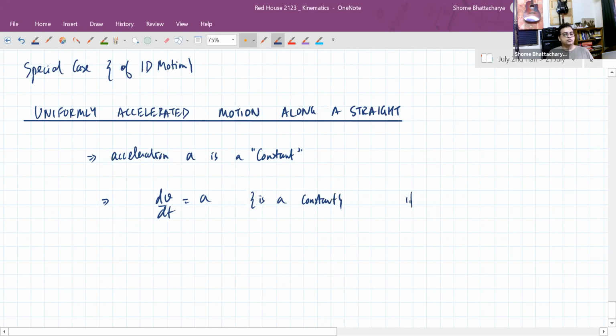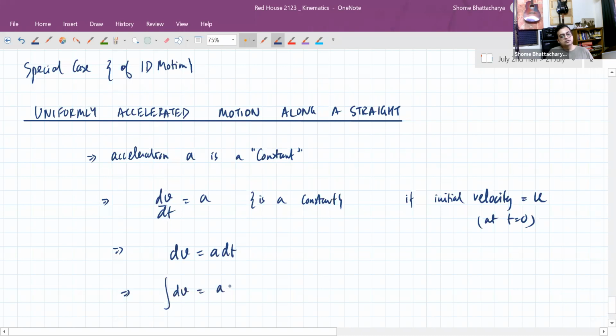So if initial velocity equals u at time t equal to 0, then we can integrate it in this way by making use of definite integration. Like we learned earlier, at t equal to 0, the value of v is equal to u, and at time t equal to t, the value of v is v.